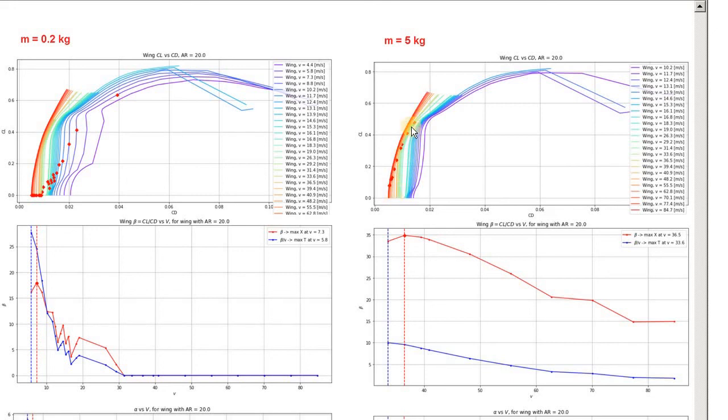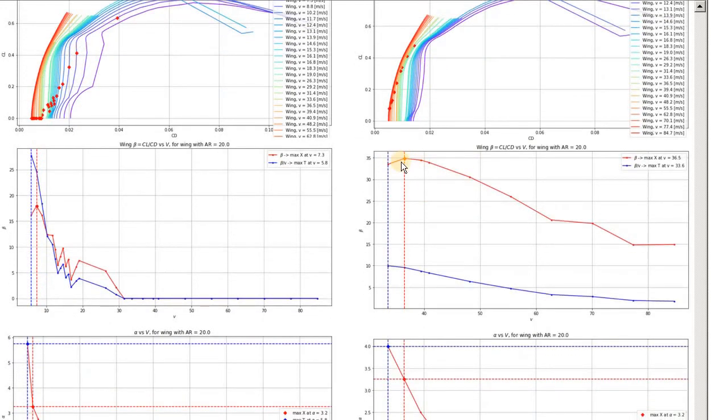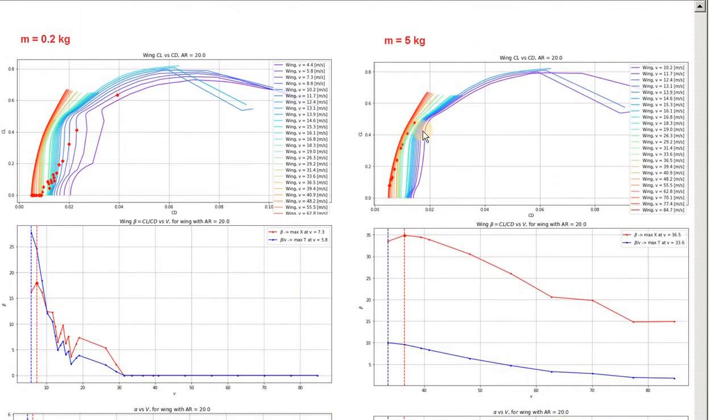And again, you are in the linear range. You are almost in a straight line on the polar curve. And the efficiency curves are also boring, because again, you have to fly as slowly as you can, but not too slow, because otherwise you're going to drop from the skies.